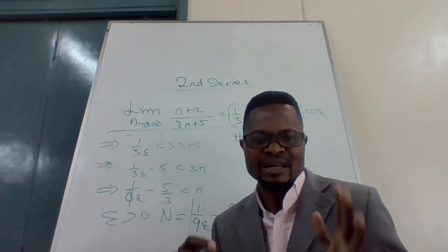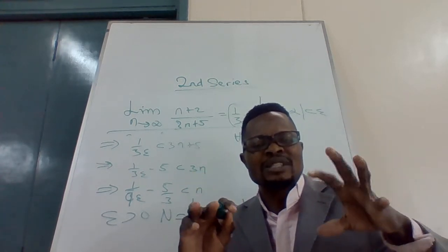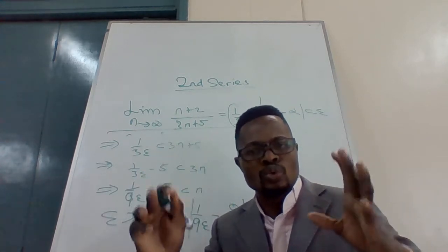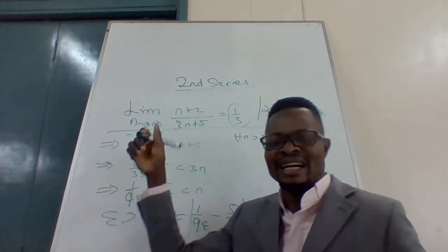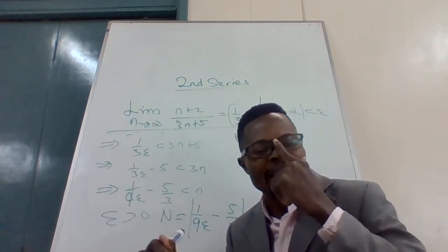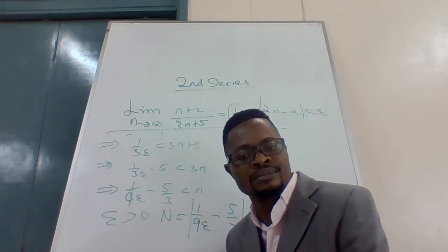And if that is a member of that capital N, which is a real number, it shows that the expression we were given, which is n plus 2 divided by 3n plus 5 minus 1 over 3, is less than epsilon.